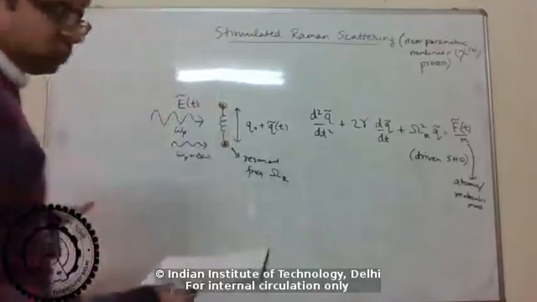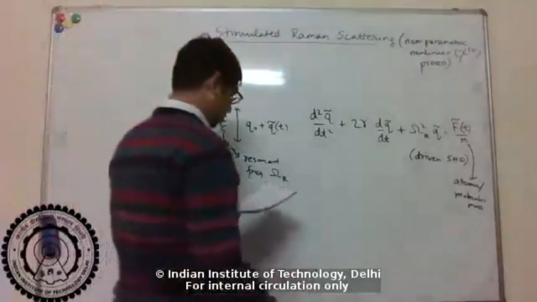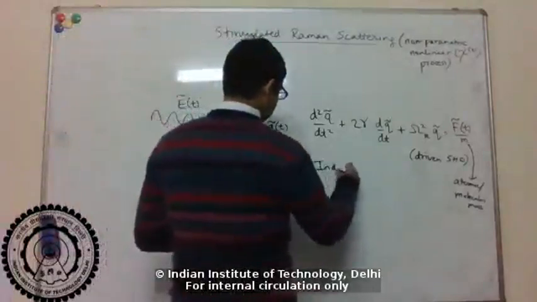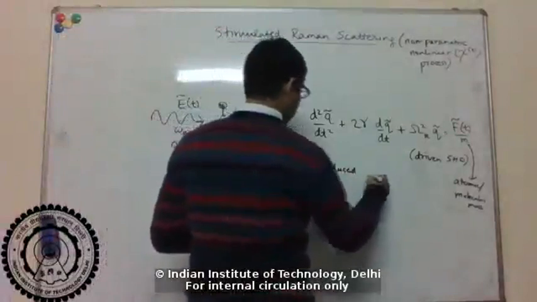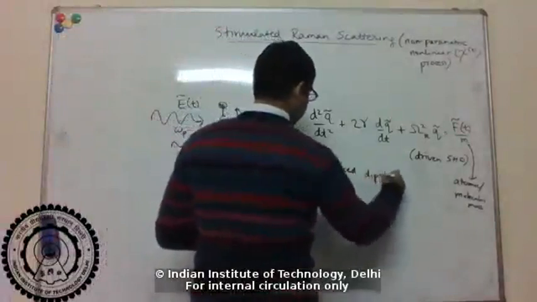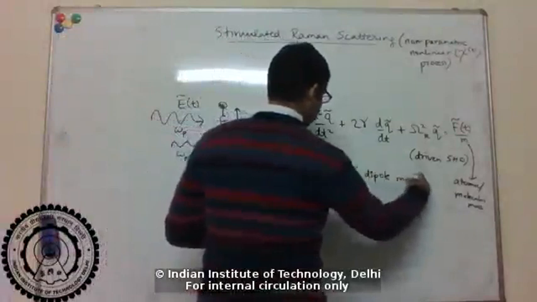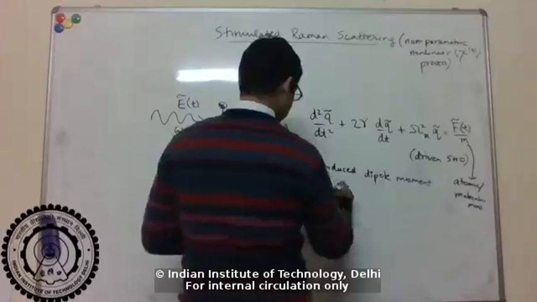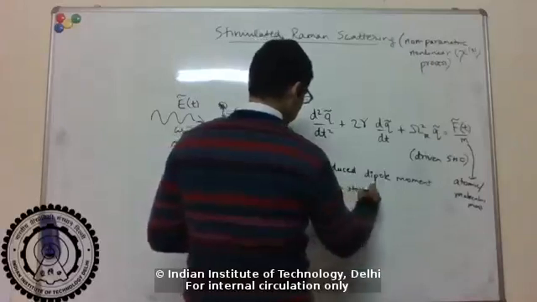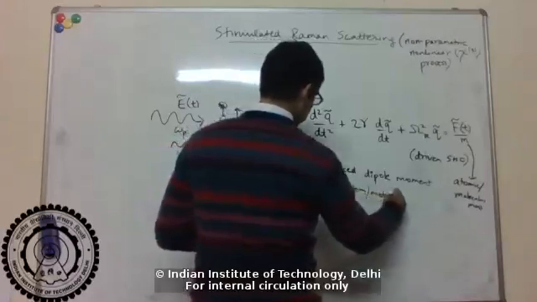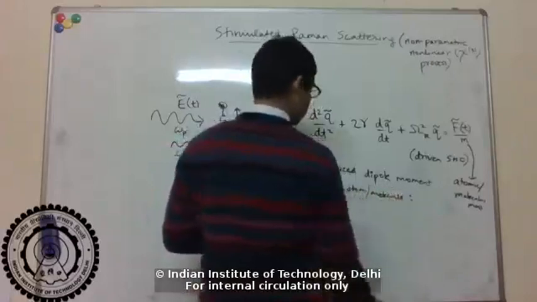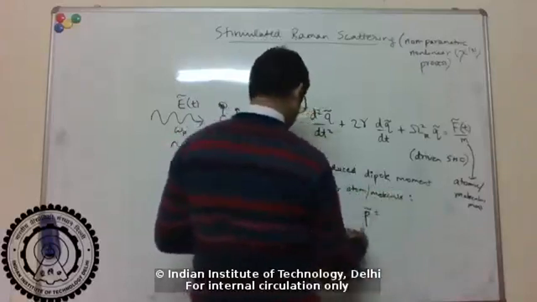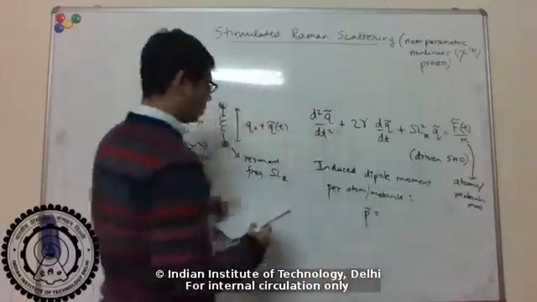Similar to the analysis we did before, due to the motion there is an induced dipole moment, which we can write as small p, the dipole moment per atom or molecule.